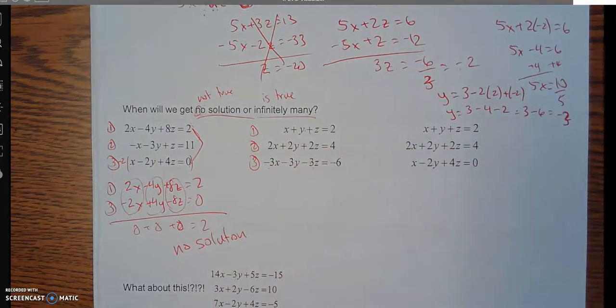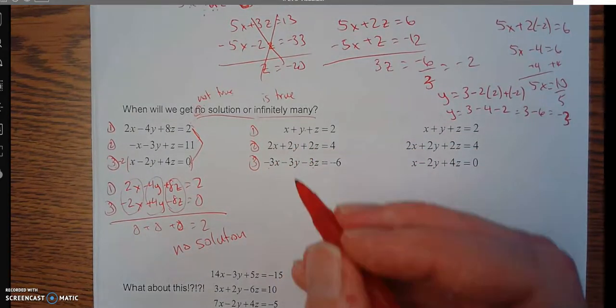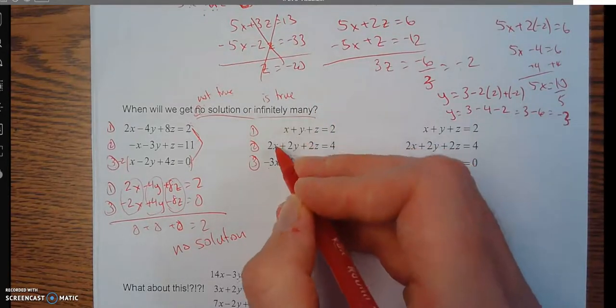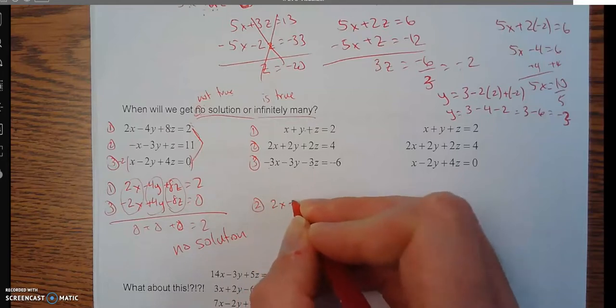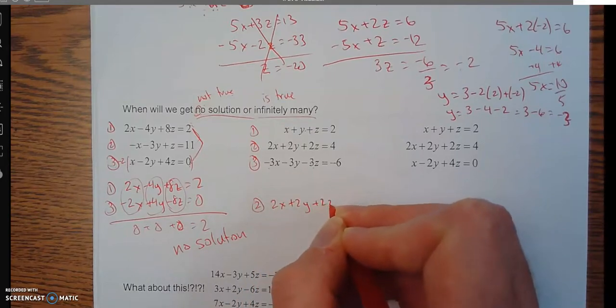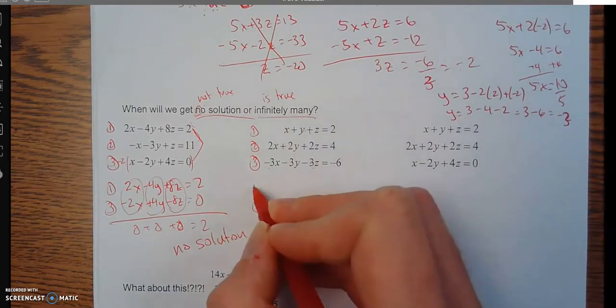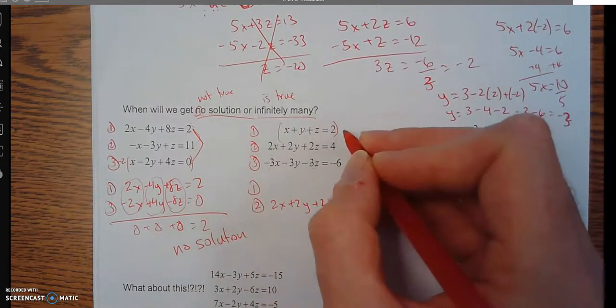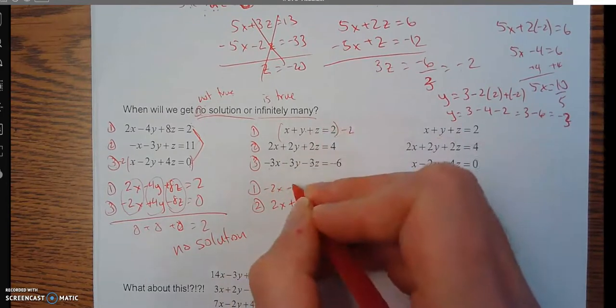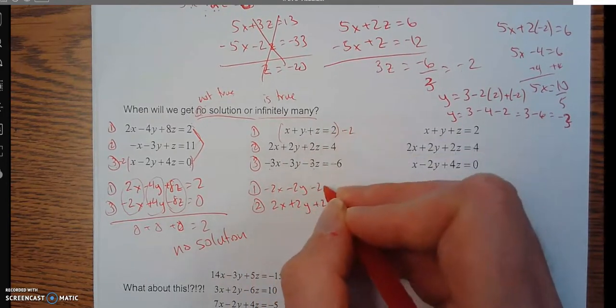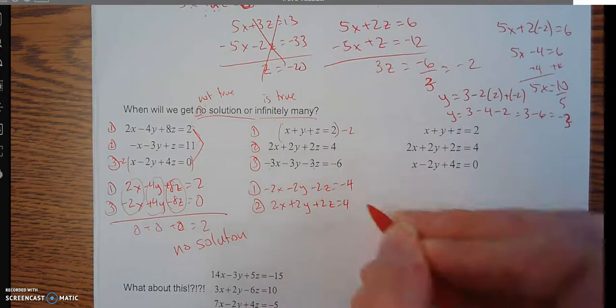So any two you choose, it's going to work. I'm just going to do the first and the second. The second equation I'll write as it is. The first equation, I'm going to take times negative 2. So negative 2x minus 2y minus 2z equals negative 4.